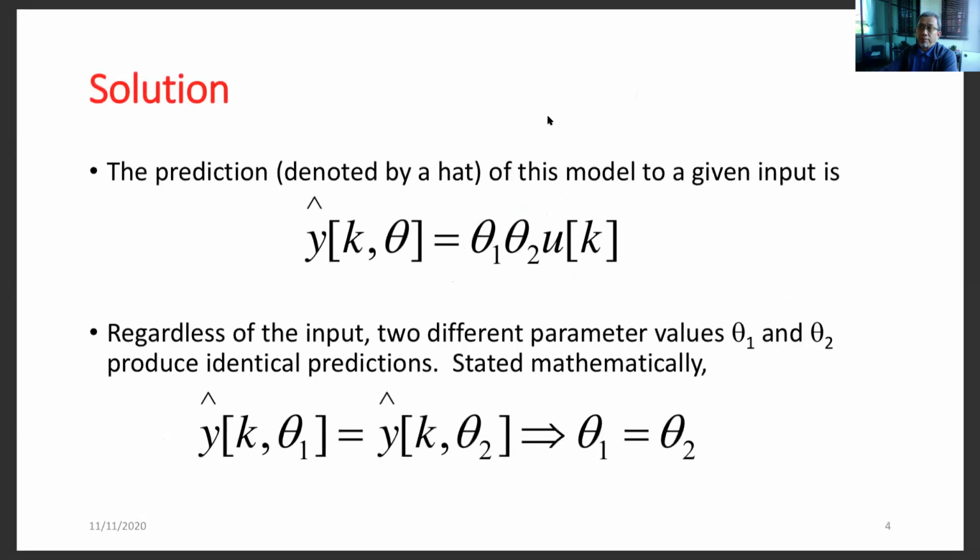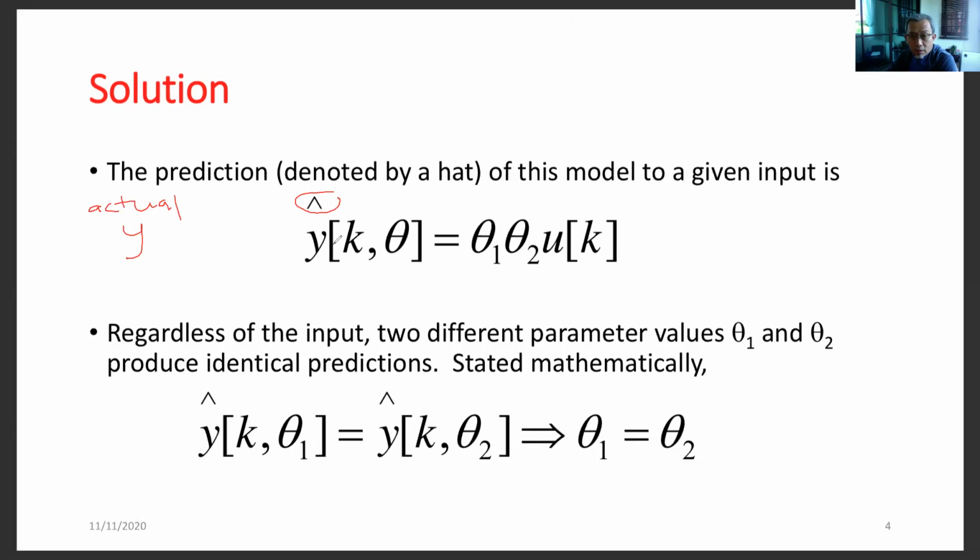So the prediction, the estimation or the approximation, is usually denoted by a hat. If there is no hat, just y, it means the actual, the real one. But when it is denoted by y hat, this model is estimated.